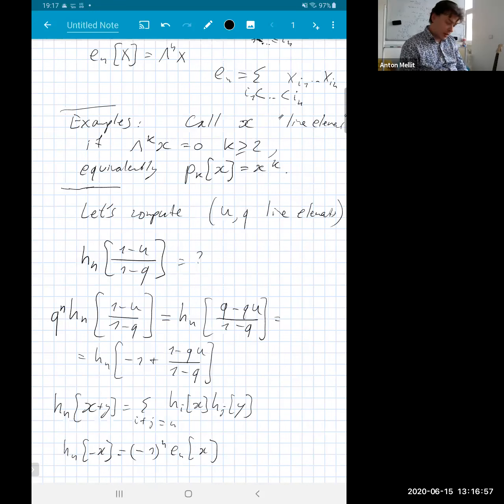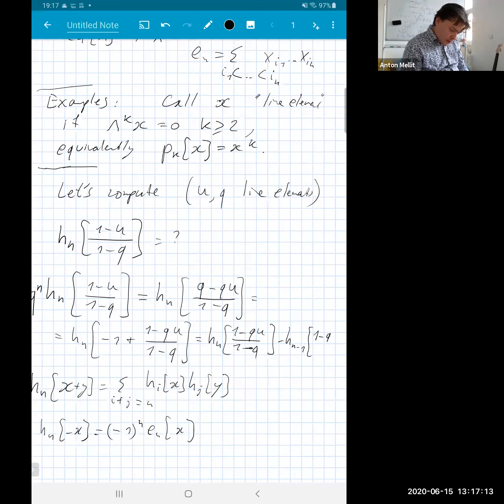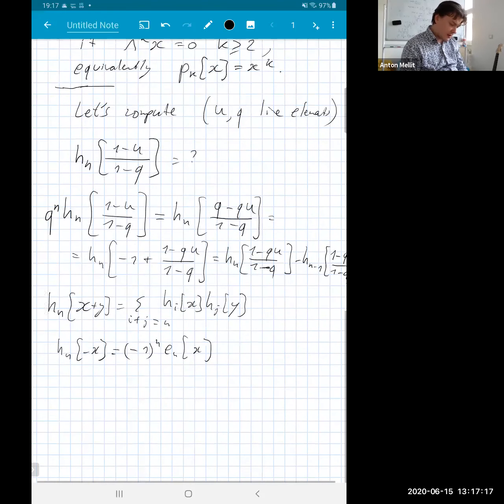So using this, we quickly get that this is equal to h_n of (1 minus qu)/(1 minus q) minus h_{n-1} of the same thing. Okay, that's one thing I wanted to compute.